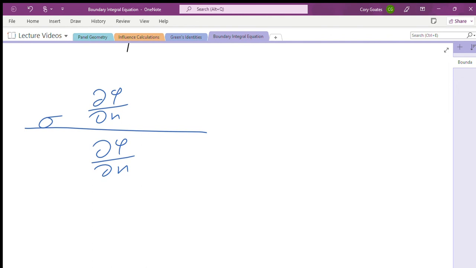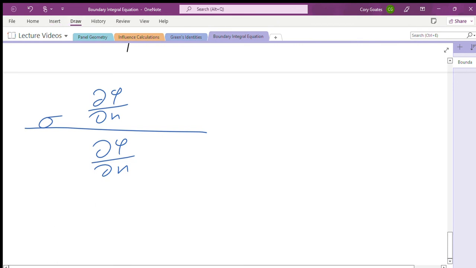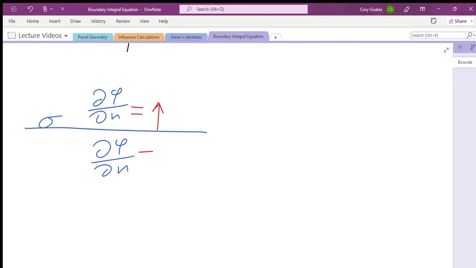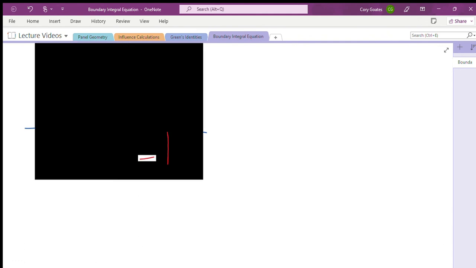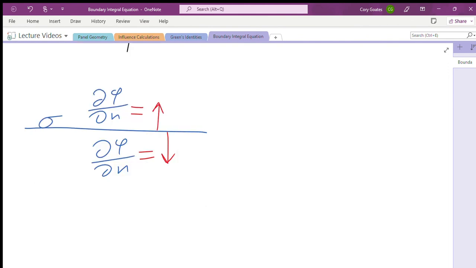Now, what is partial phi partial n? It's the normal derivative of the velocity potential, and derivatives of the velocity potential give us velocity. So partial phi partial n is the normal component of velocity on this panel. So this partial phi partial n is equal to that, and this partial phi partial n, maybe it looks something like that. Okay. Now if there's a jump in this partial phi partial n term, then we've got a discontinuity in normal velocity.